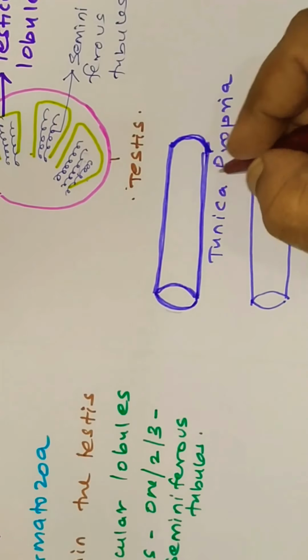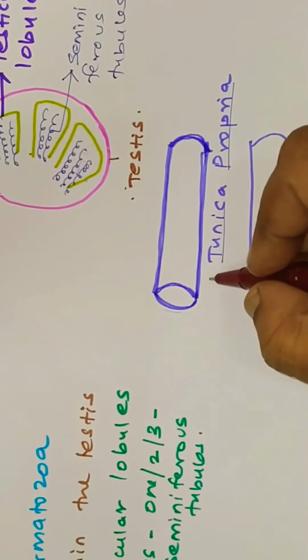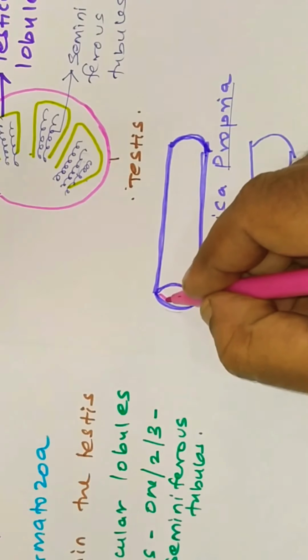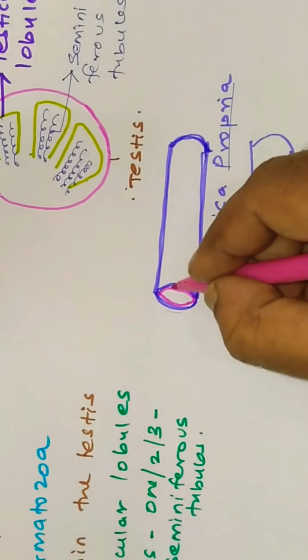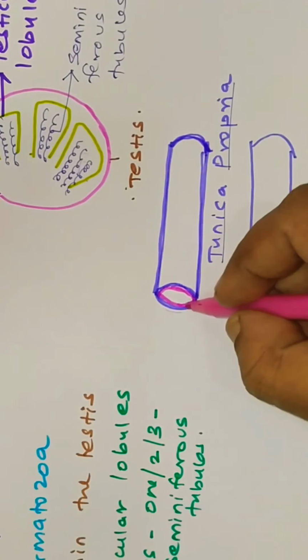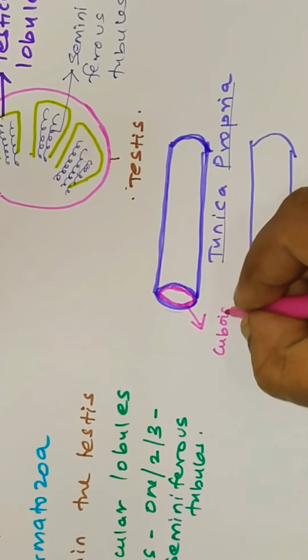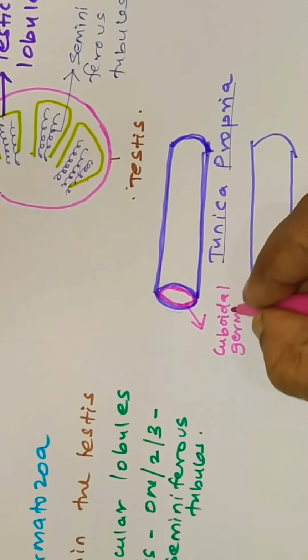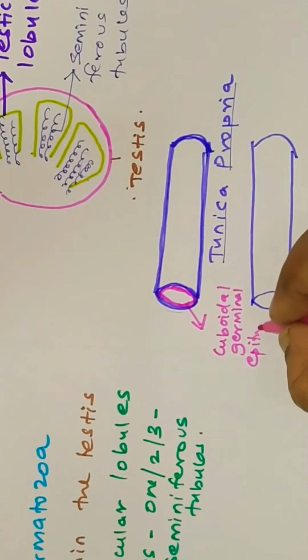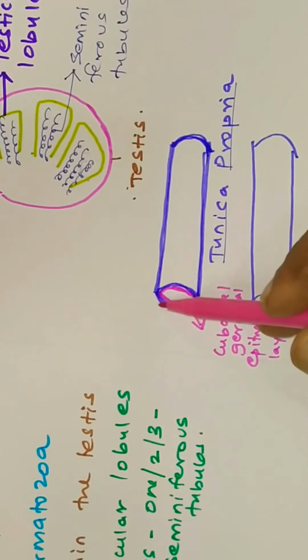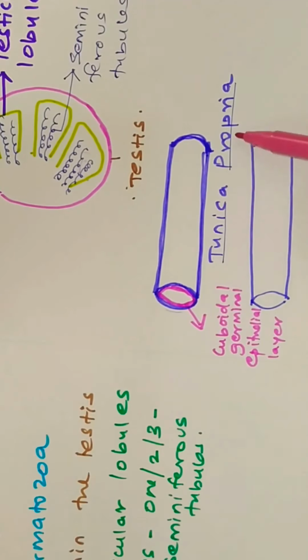That white fibrous connective tissue is termed tunica propria. And the inner surface of the wall, indicated by the pink color, is made up of a cuboidal germinal epithelial layer. So the wall of the seminiferous tubules is made up of the outer layer, tunica propria, and the inner layer, cuboidal germinal epithelium.